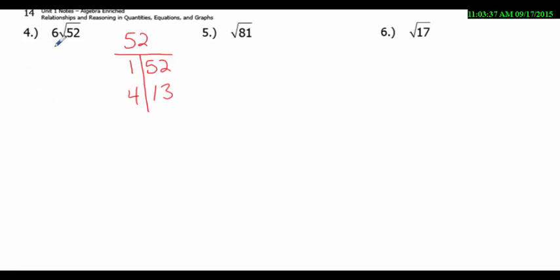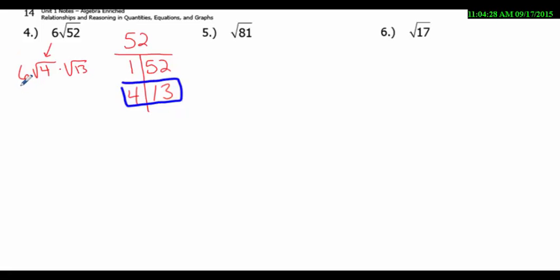So as with one of the previous questions, what we will do with the 6 is just bring it down for now, and the square root of 52 will break down into the square root of 4 times the square root of 13, and the reason that we are using 4 and 13 is because 4 was the largest perfect square that was a factor of 52.